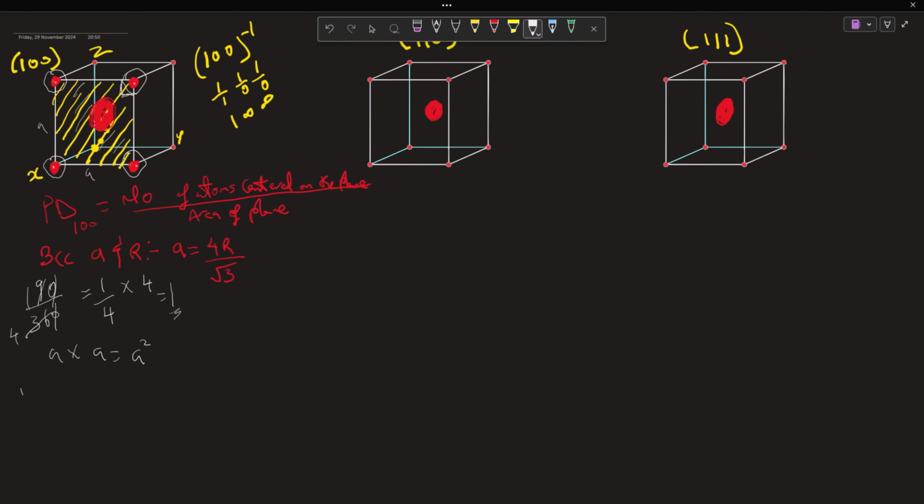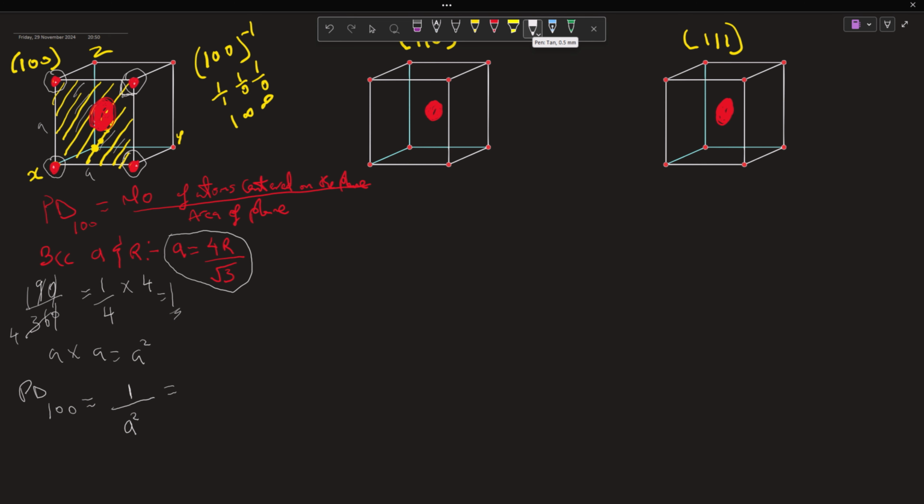So our planar density for 100 is equal to our number of atoms on the plane, which is 1 over a squared. But we can't leave it this way. We have to substitute the value of a given from here into this equation.